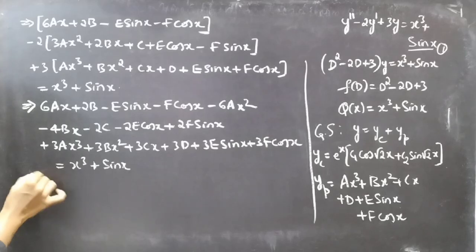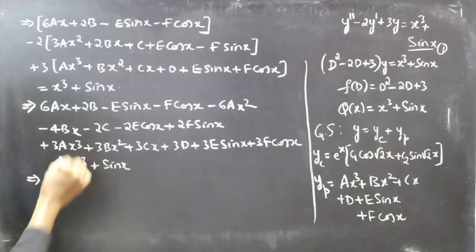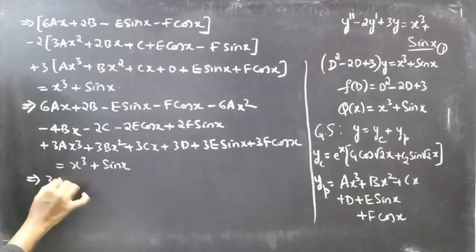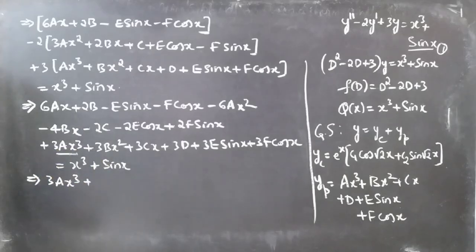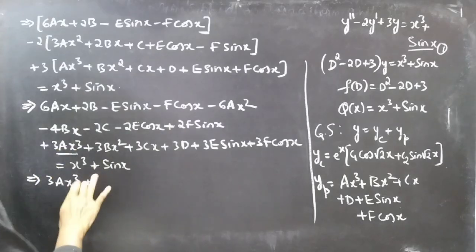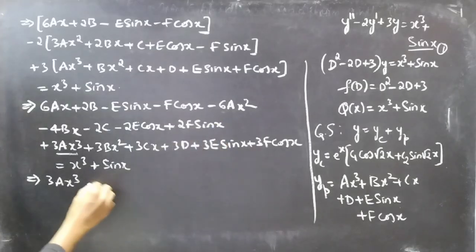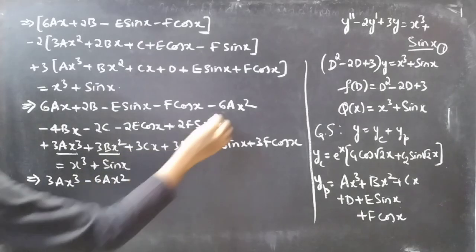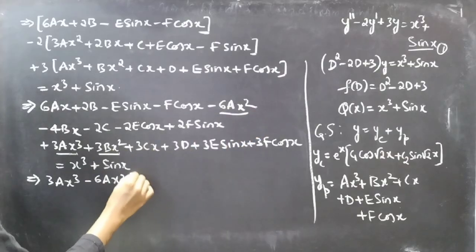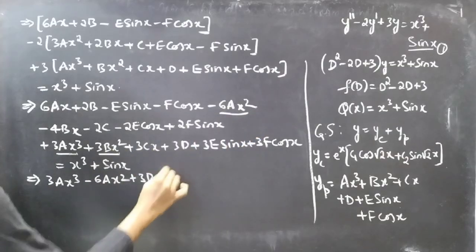Now write the terms involving x cube first. We have 3ax cube. Now write the terms involving x square. We have minus 6ax square plus 3bx square.